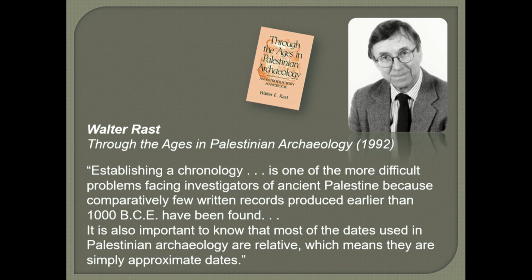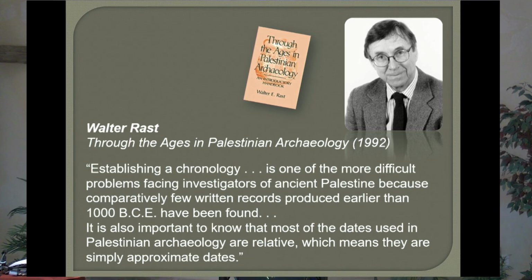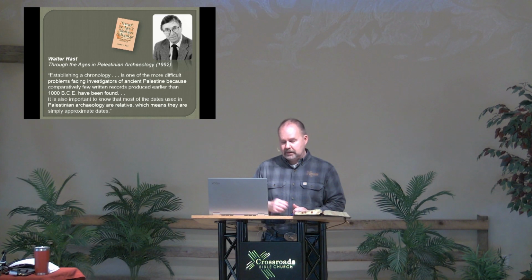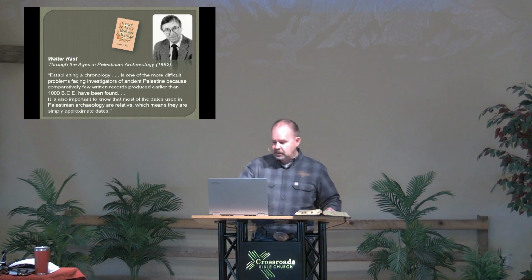He said it's also important to know that most of the dates used in Palestinian archaeology are relative, which means they're simply approximate dates. By relative chronology, we mean this came earlier than that, without necessarily assigning a specific date to it. So I think this is a good, if I could call it an admission, to bear in mind as we study archaeological dates.